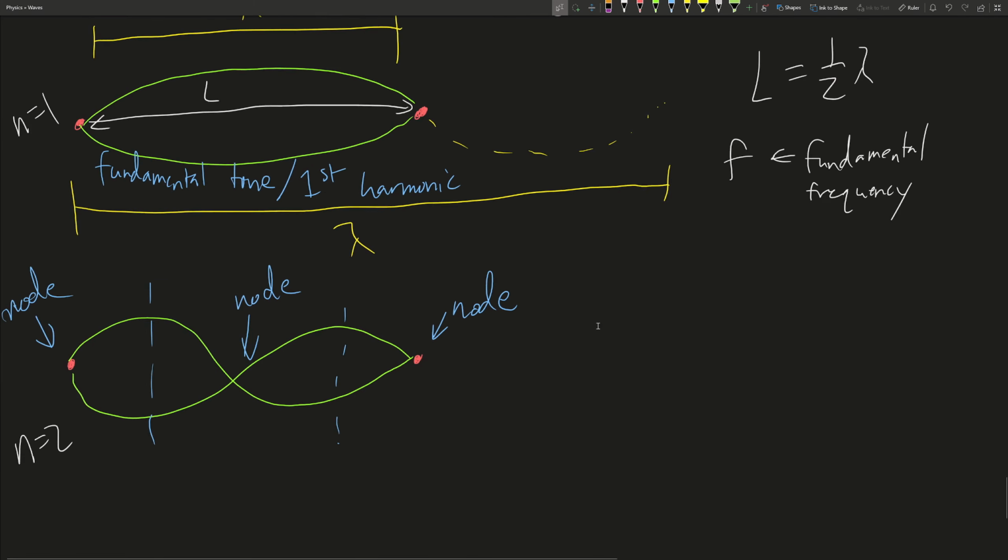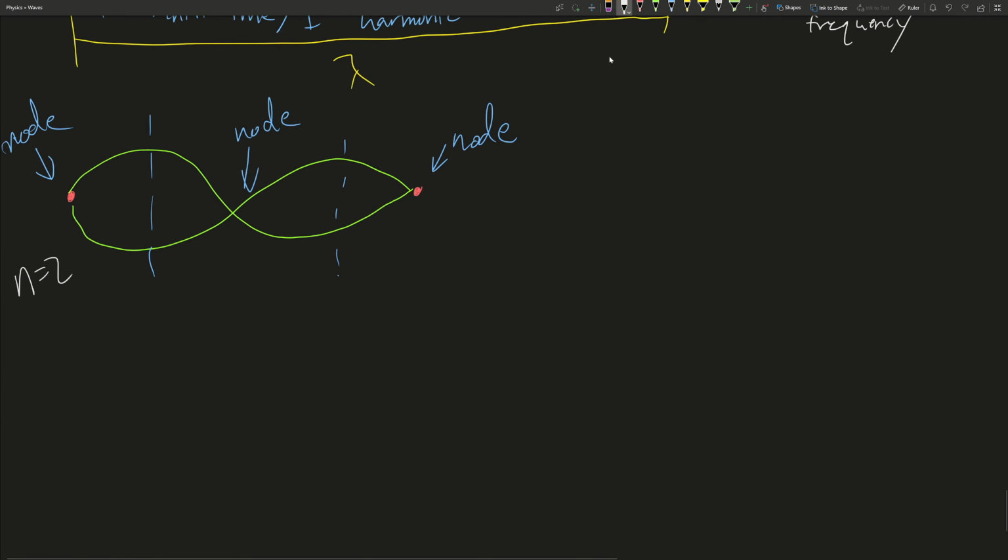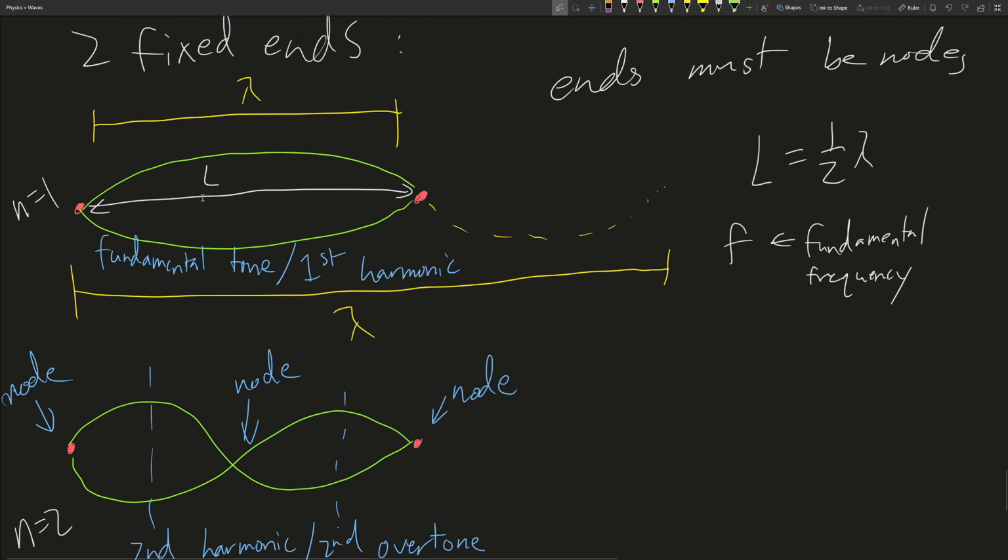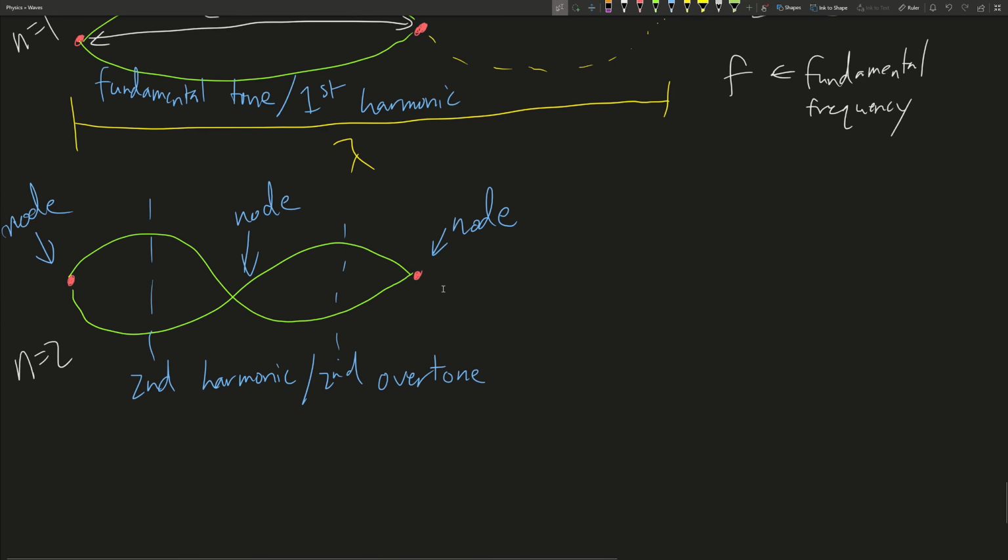The second harmonic, this would be the second harmonic here, or the second overtone. And this just means that you have two of these fitting on this one length. So you have two antinodes fitting on this length.